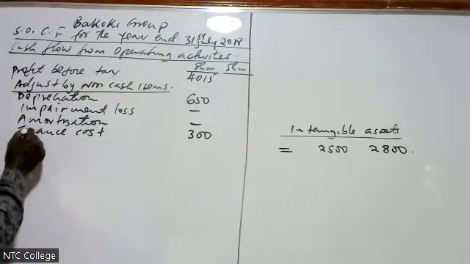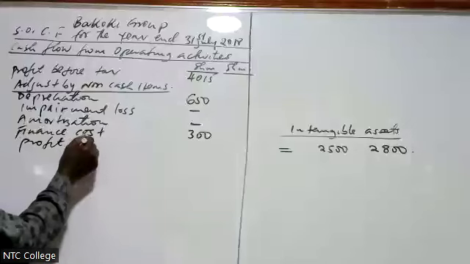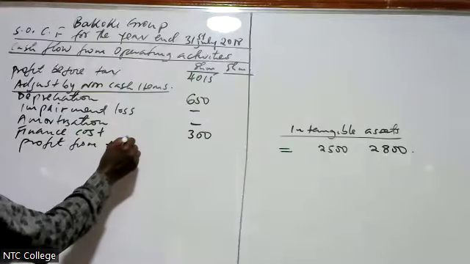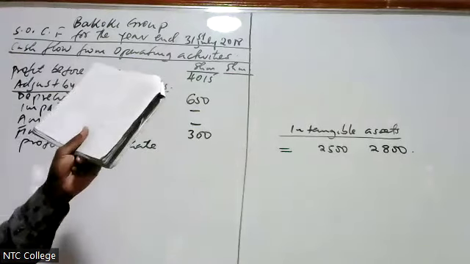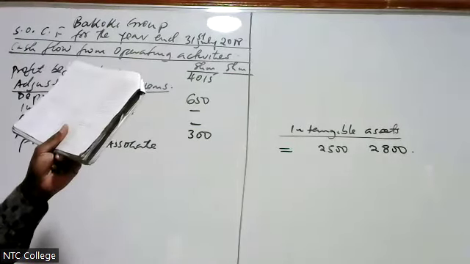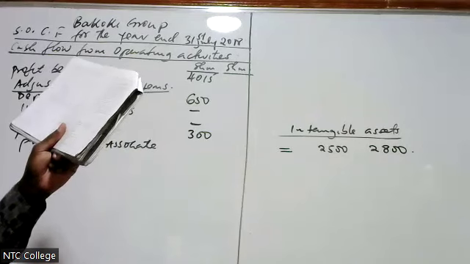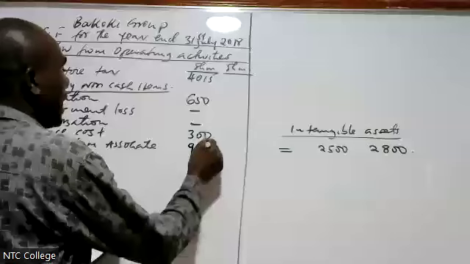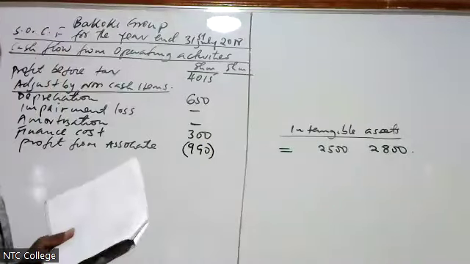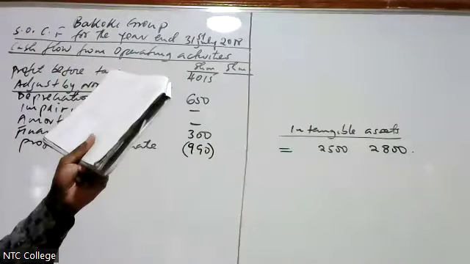That is profit from associate. We have it there as how much? Profit from associate. Who can give Mwalimu? Profit from associate. Is that 990? 990? That one we less. 990 we less. Profit from associate.